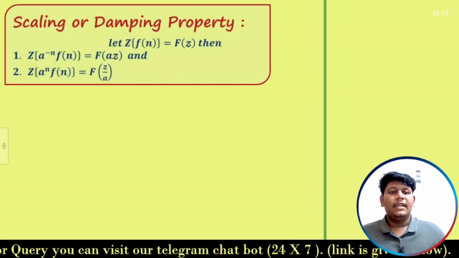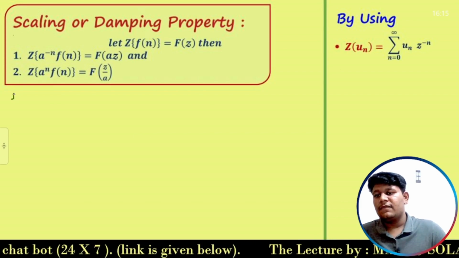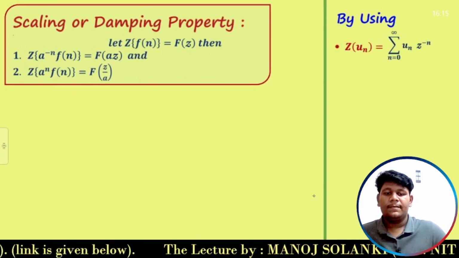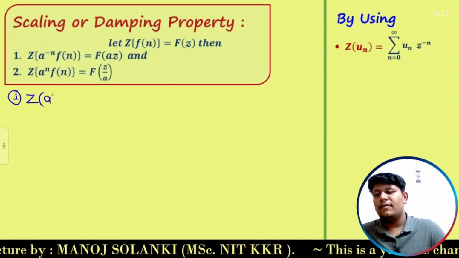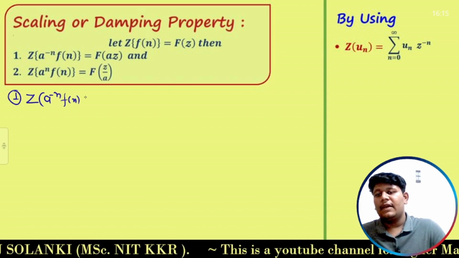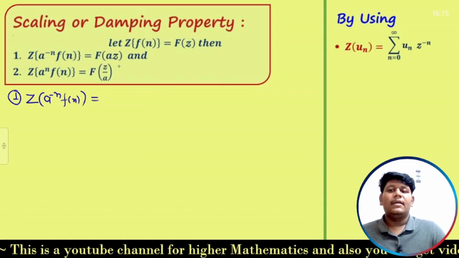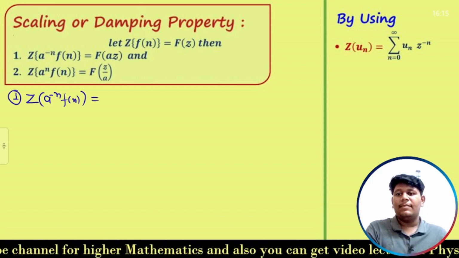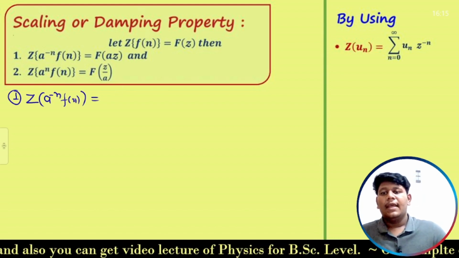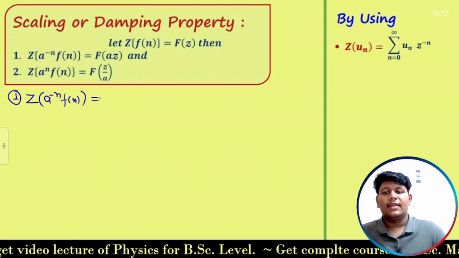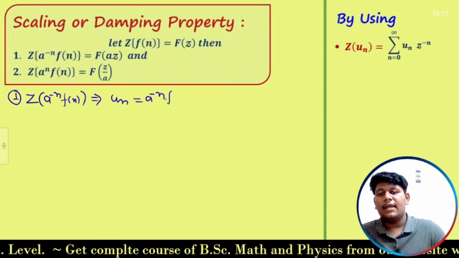Now we'll use the definition of the function. First of all, I am going to prove the first result: the z transform of a power minus n f(n) is equal to the z transform of f(az). Here u_n is nothing but a power minus n f(n).